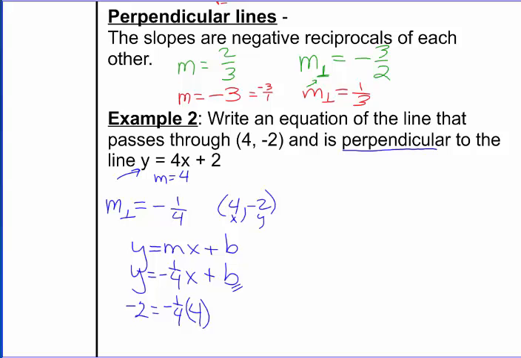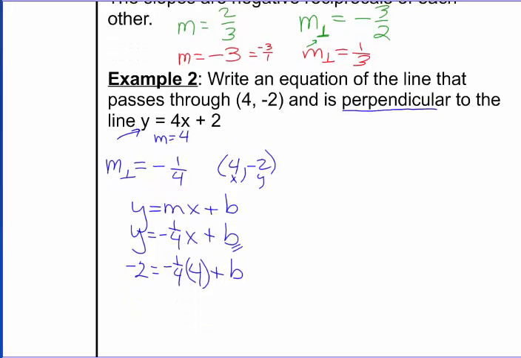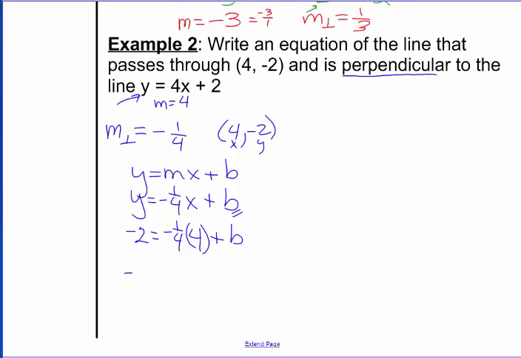So the x number is a 4. Plus b. Solve for b. So -2 equals -1 plus b. Okay, if this is 4/1, the 4's cancel, so it's a -1 when you multiply. Then add 1 to both sides. So -1 is equal to b. So b is equal to -1.